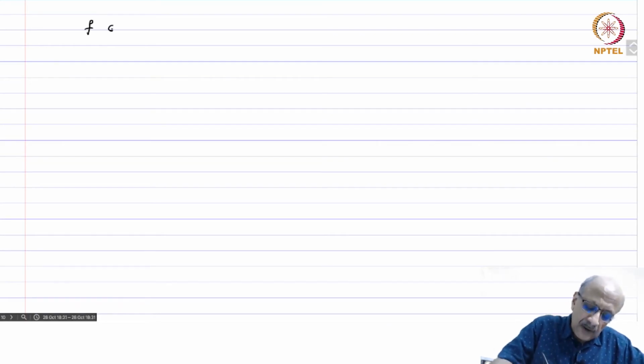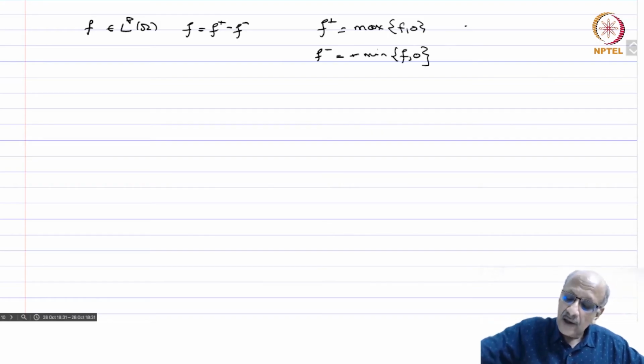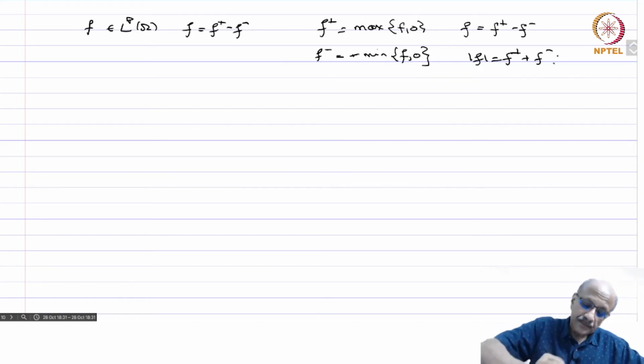Now if f belongs to L^p of Ω, you write f equals f⁺ minus f⁻, the positive and negative parts. f⁺ is the max of f and 0, and f⁻ is minus the minimum of f and 0. So both are non-negative functions, and you have f equals f⁺ minus f⁻, and |f| is equal to f⁺ plus f⁻.